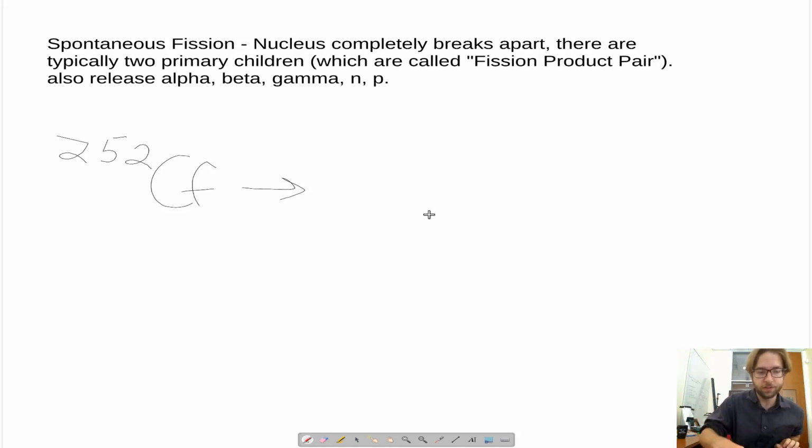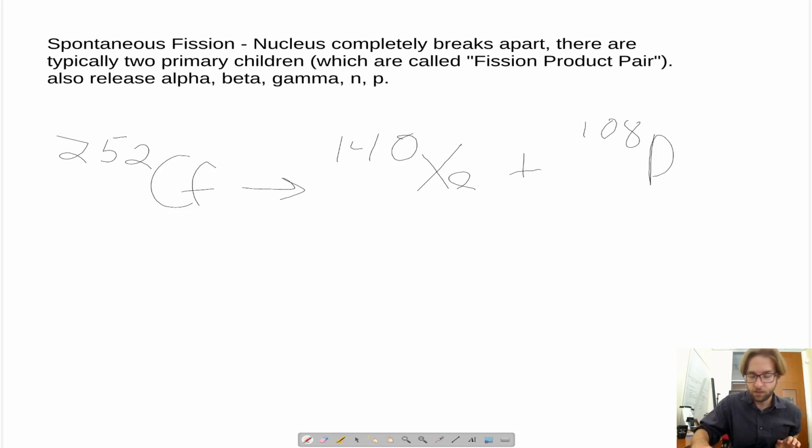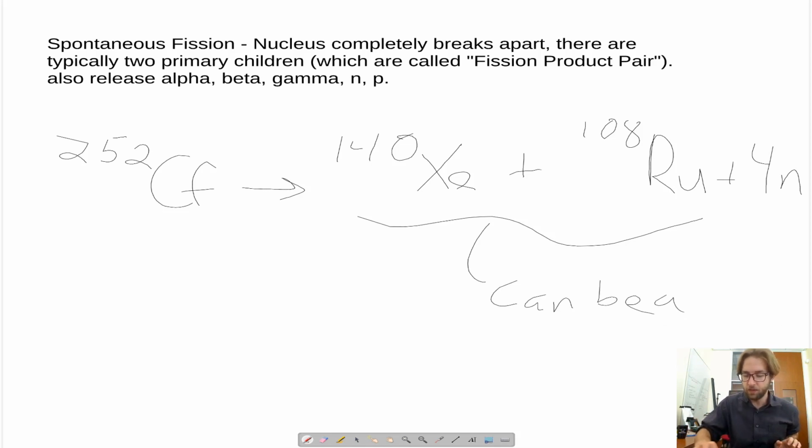So for example, because it can be anything, it might break into xenon 140 and rutherfordium 108 plus 4 neutrons.